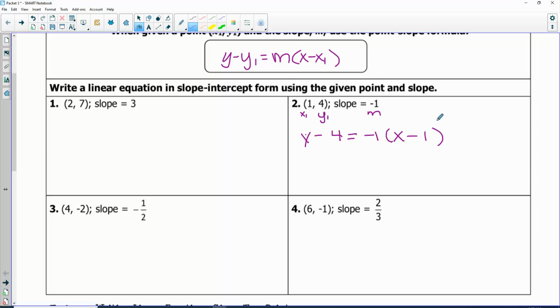Alright, then we just had to multiply it out, so it was in y equals mx plus b form. So y minus 4 equals negative 1x plus 1. Add over the 4. And y equals negative x plus 5.